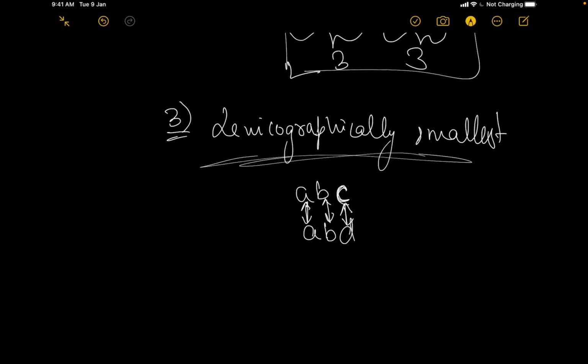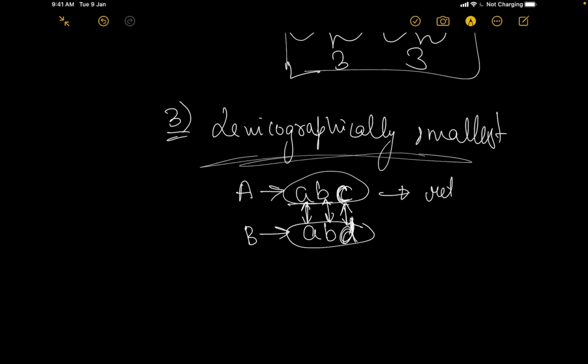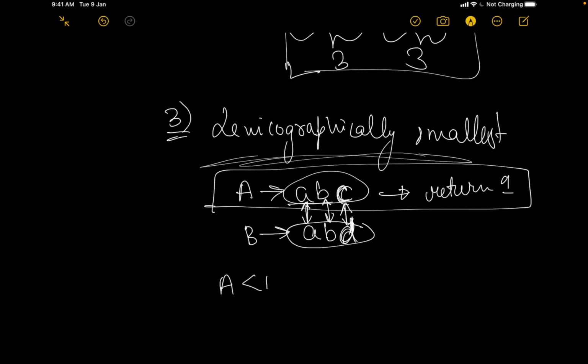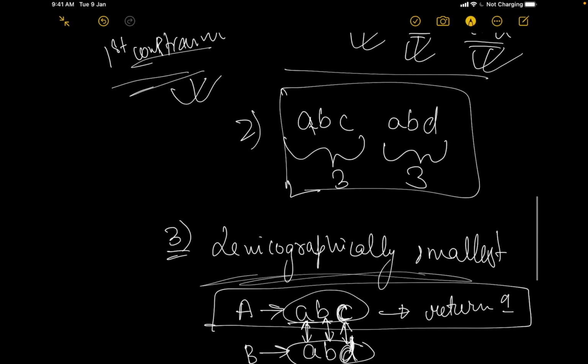Now the third index for the string a, let's call it a and the other b, is smaller than the third index for the string d, so it will automatically return 1, meaning that a is smaller than b. Hence in our answer we'll be returning abc.